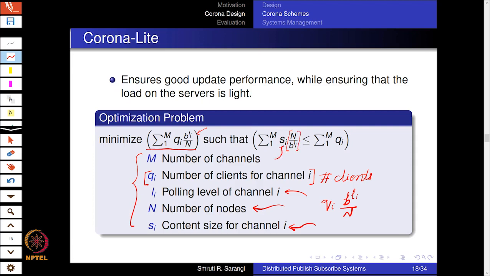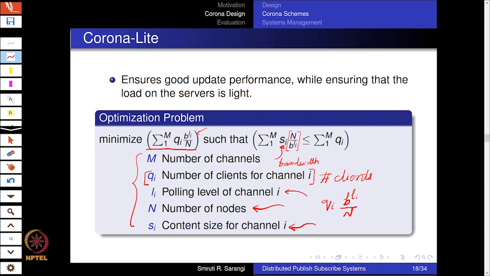And this is the size of the content of the channel. So if I multiply the content with the size of the wedge, this gives me an idea of the bandwidth requirement from the server to supply data to all the Corona nodes. So this is an estimate of the bandwidth of the server.